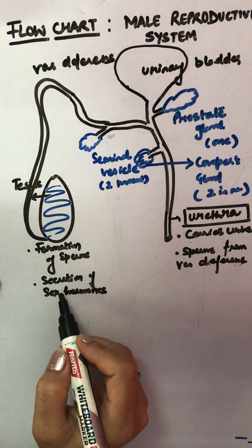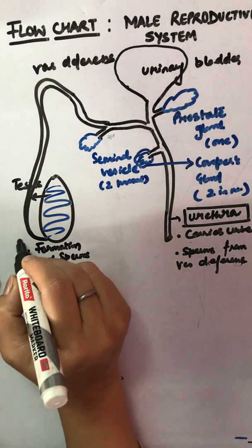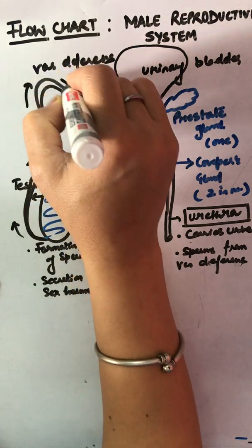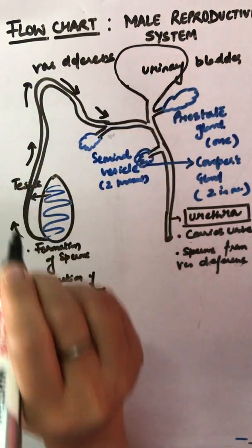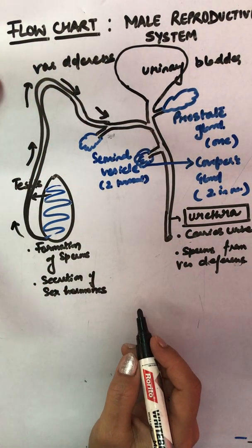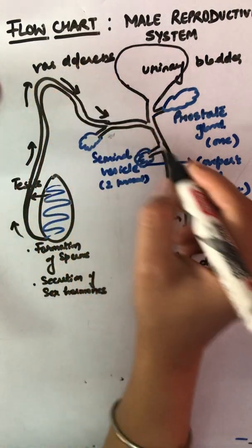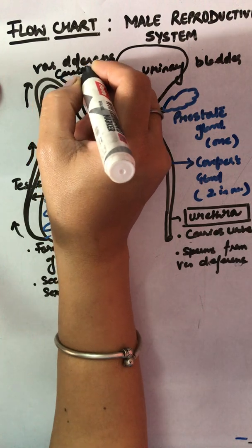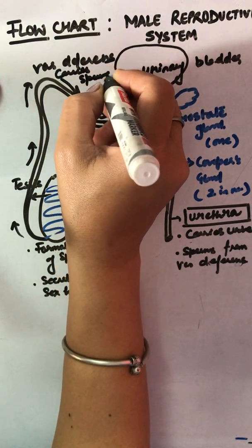Here we are clear with the role of testes, and this is how the flowchart depicts the movement of sperms. So what does vas deferens do? It carries sperm to the urethra. So its function is it carries sperms.